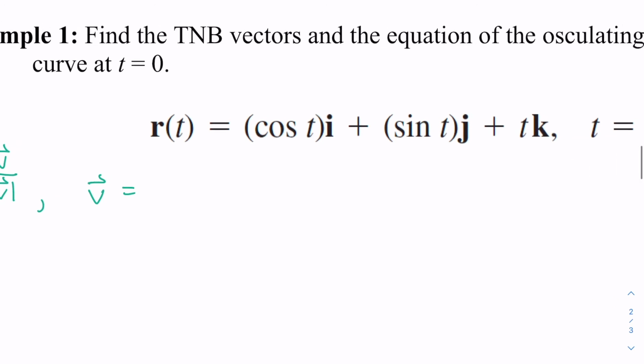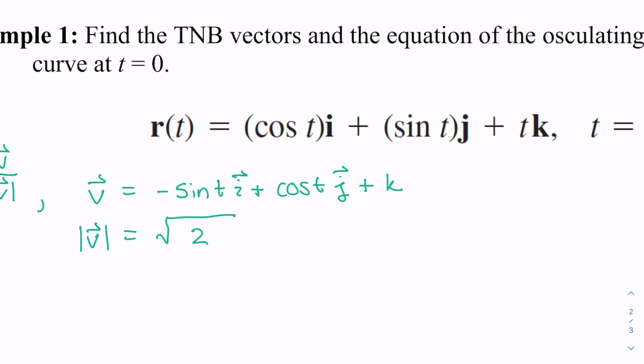The velocity function is going to be the first derivative of position, which gives us negative sine t i plus cosine t j plus just 1k. The magnitude of that is going to be the square root of sine squared plus cosine squared plus 1, which is the square root of 2. I'm just going to do that in my head.